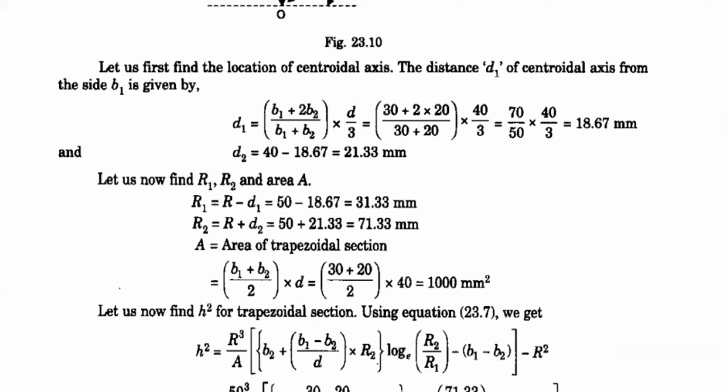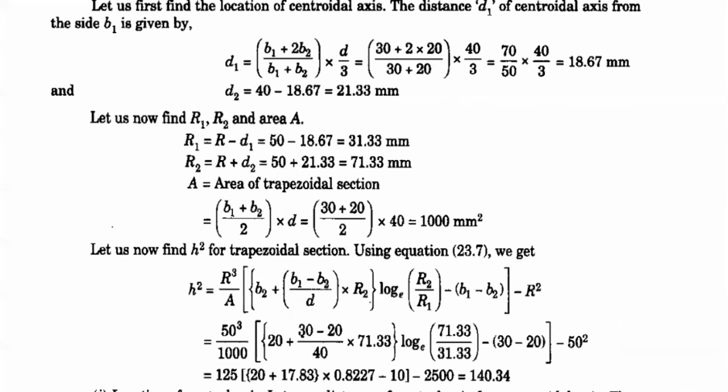The total depth is 40. I hope you understand. Once you know the D1 and D2 values, it is very easy to calculate your Y value. I hope your doubts are clarified.